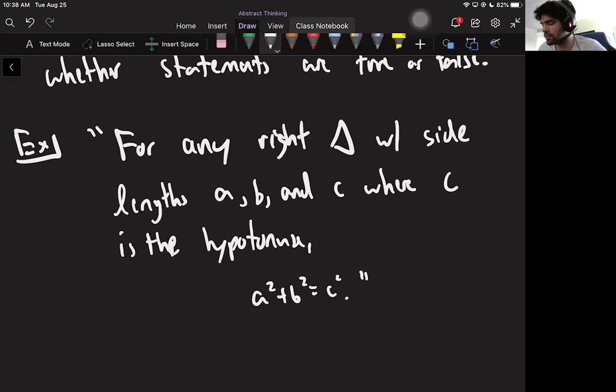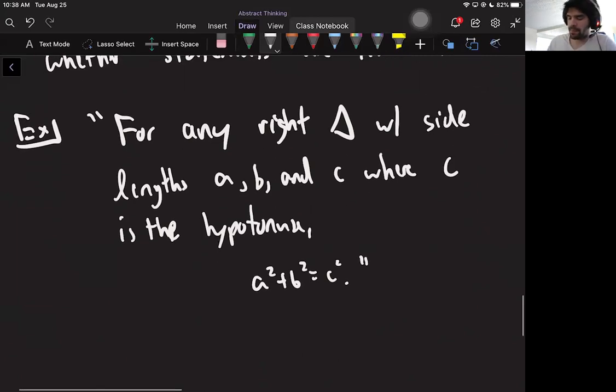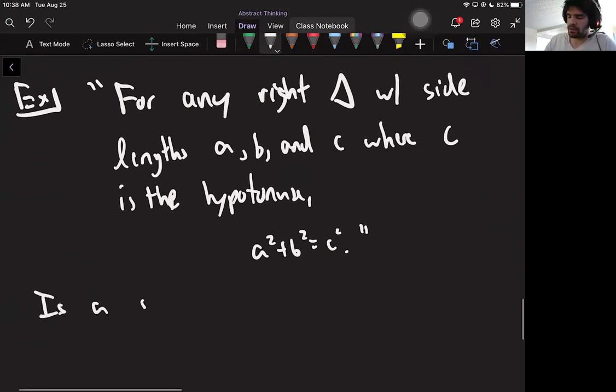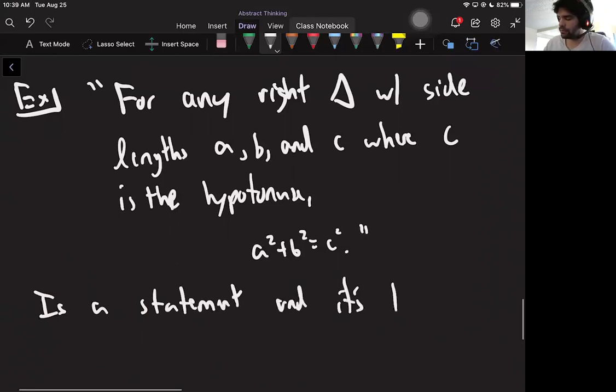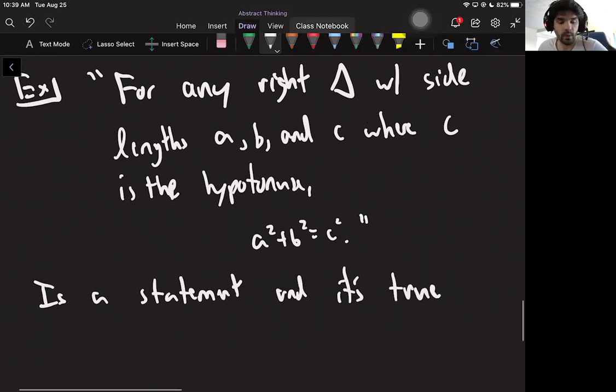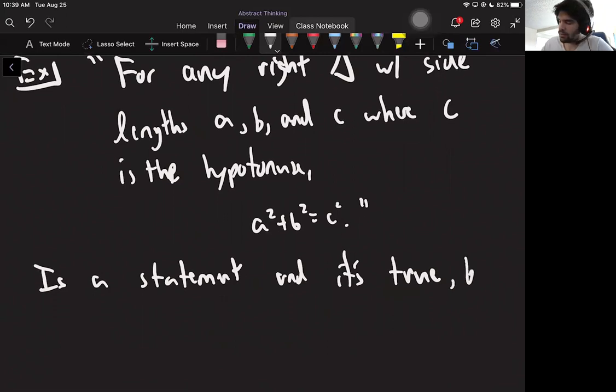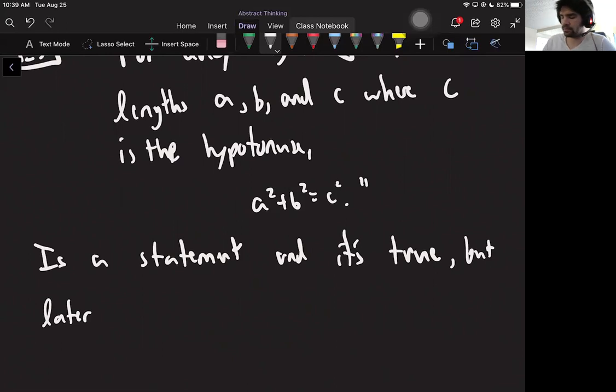And this is just another example of why you have to consider the entirety of the statement when you read it, not just pieces. So this is a statement and it's true, it's called the Pythagorean theorem. But later, what we care more about is how to show it's true, or prove it's true.